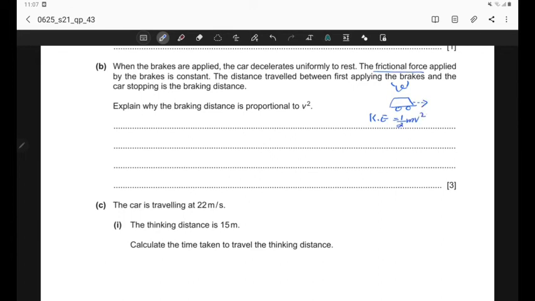But once the driver sees the obstacle, when he moves forward, he will apply the brake at a particular point. So after this point, when he applies the brake, the car will do some work against the friction in order to stop the car. So the car will use all its kinetic energy to work against friction.